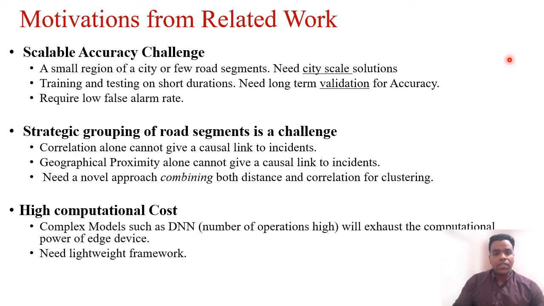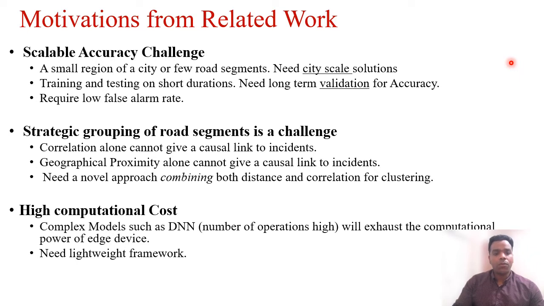Our study of existing work suggests most of it used a small region or part of the city. Even though some work considered the entire city, it was validated for a smaller period of time. To claim robustness, we need a longer period of validation.